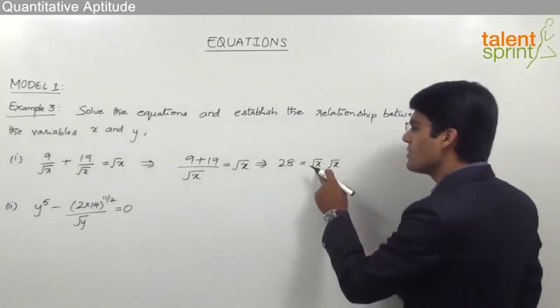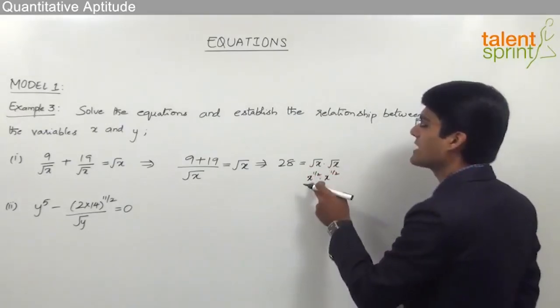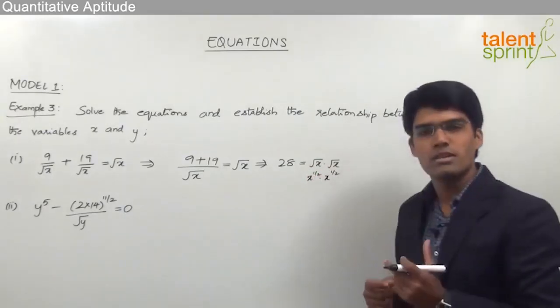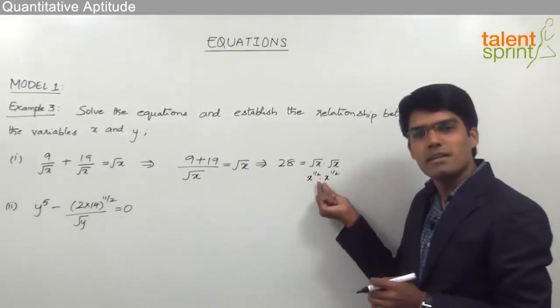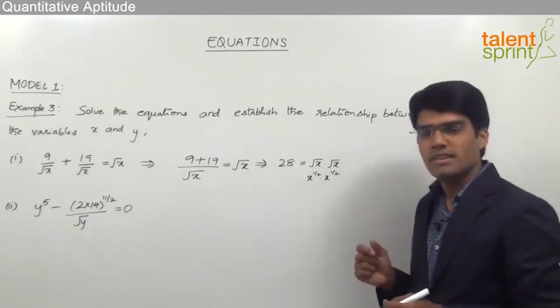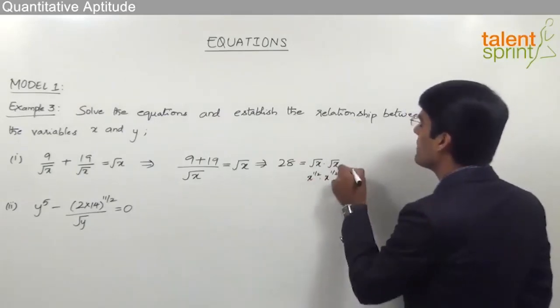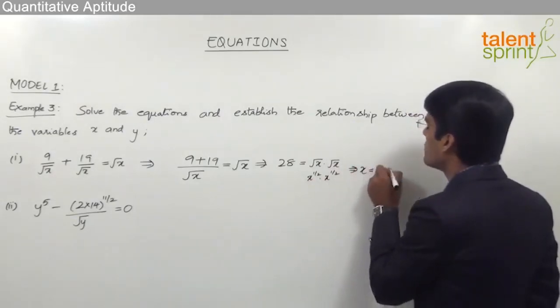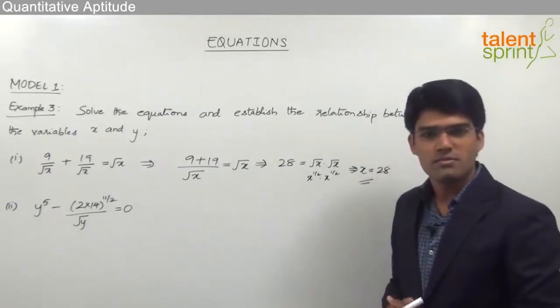Or otherwise, root x is x power 1 by 2 into x power 1 by 2. So x power 1 by 2 into x power 1 by 2 is equal to x power 1. Why? Because whenever the bases are equal and in multiplication form, the powers can be added. So adding half and half, we get 1. So this can be taken as x power 1. So from this very clearly the value of x is equal to 28. Let us now solve the second equation, which is in terms of y.